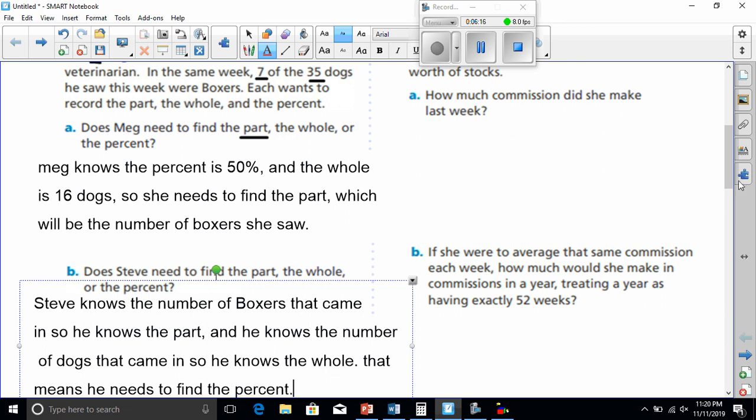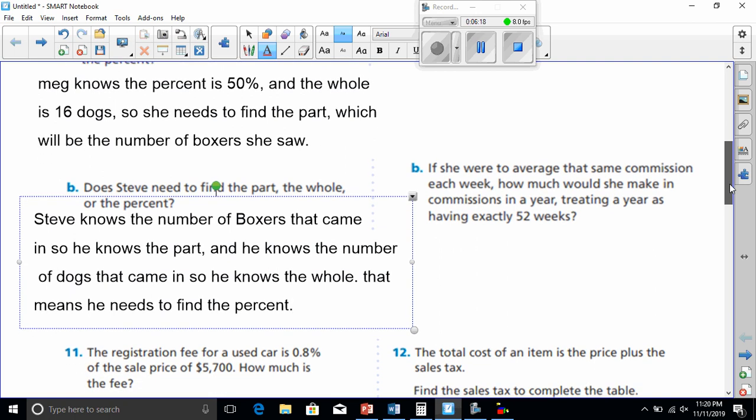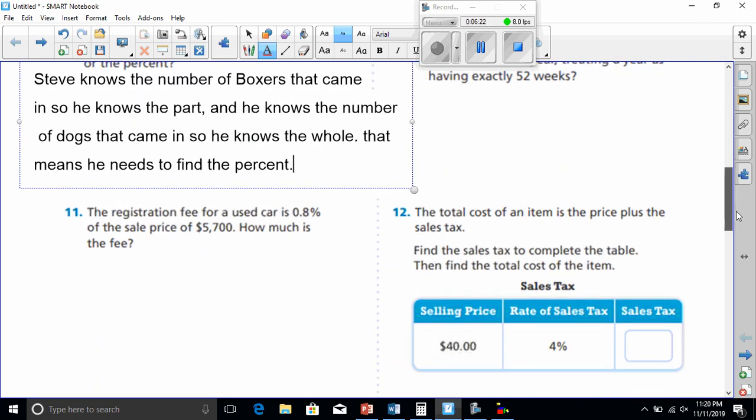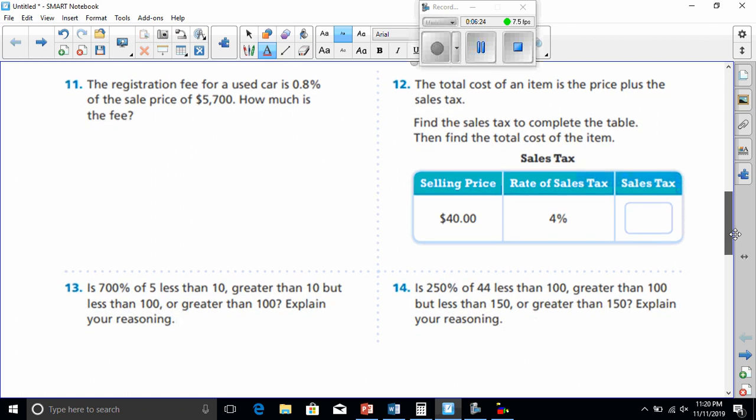All right, let's move on. You guys will be doing number 10, so that'll leave me number 11. It says the registration fee for a used car is 0.8% of the sale price of $5,700. How much is the fee?